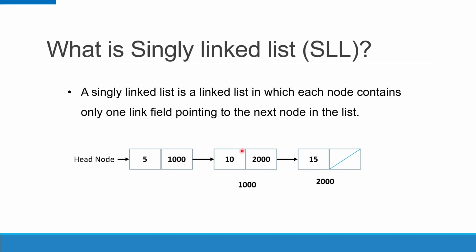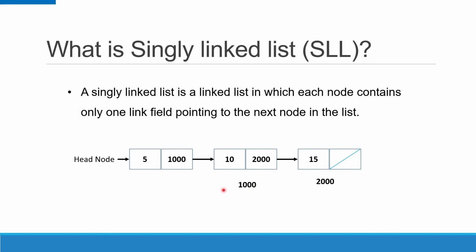This 10 is residing at the 1000th memory location, so that address is represented in the next field. So your singly linked list node contains two fields: one for storing the data and another for storing the address of the next node.